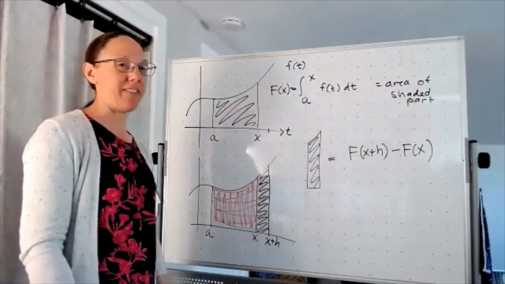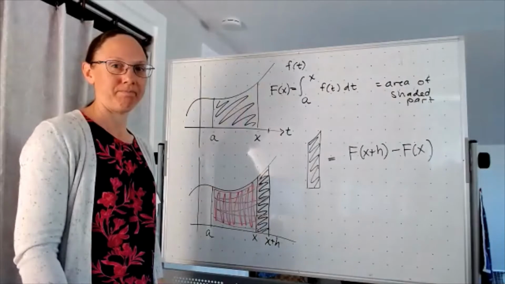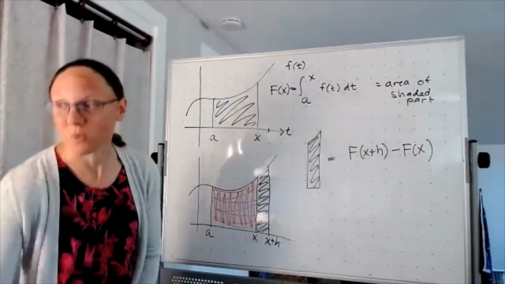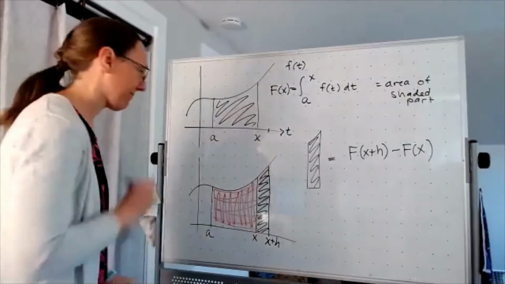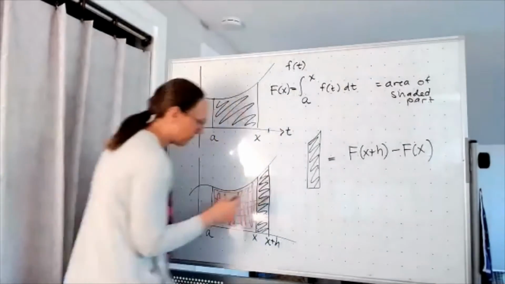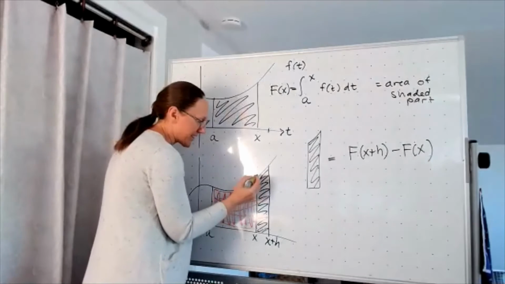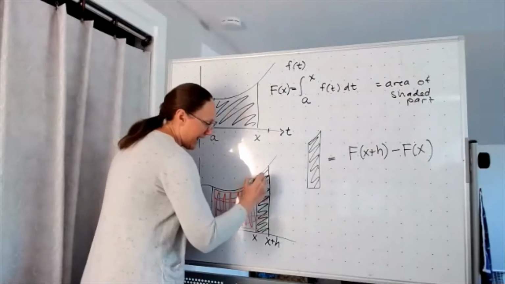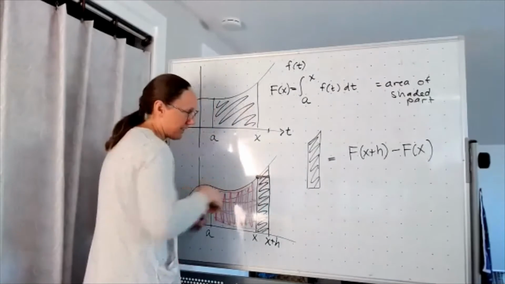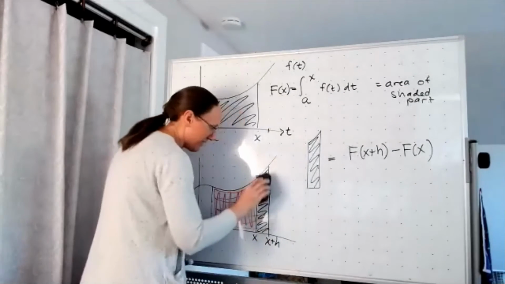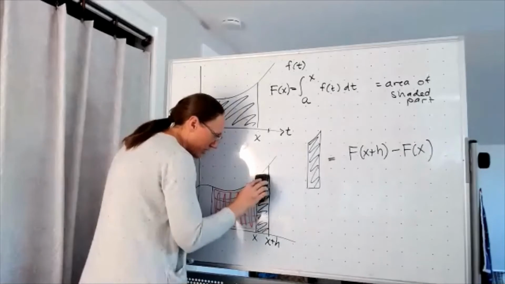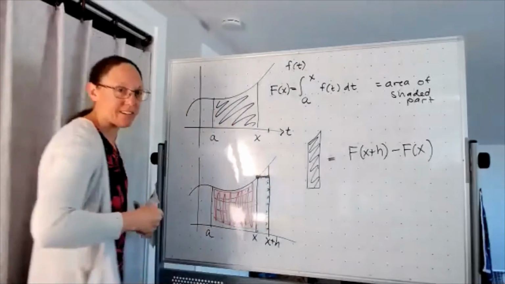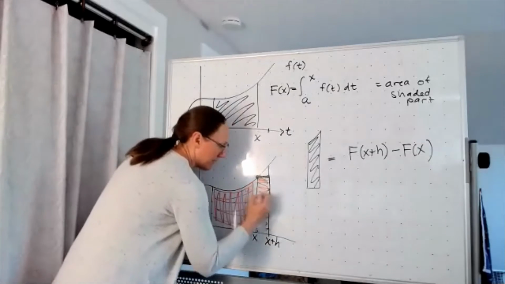So let's just pretend that's a rectangle. And if we do that, and we pretend that that thing is a rectangle, then if I cut this off right here, instead of finding this thing, we just find the area of this lovely rectangle right here.